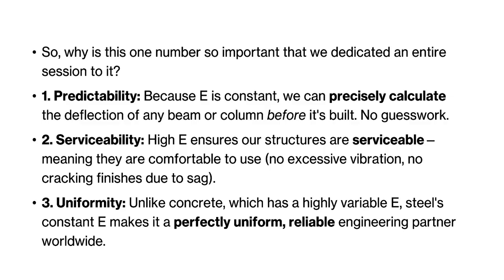Of course, steel is a mixture of alloys, but concrete behavior is unpredictable during heavy loads and vibrations. But steel, until the yield point, is predictable. That's why it is very famous because of the uniformity. So the main reasons so many engineers prefer steel over concrete are predictability, serviceability, and uniformity.